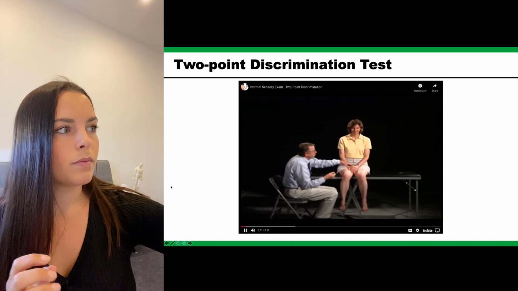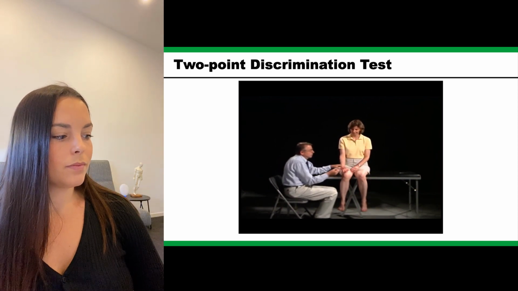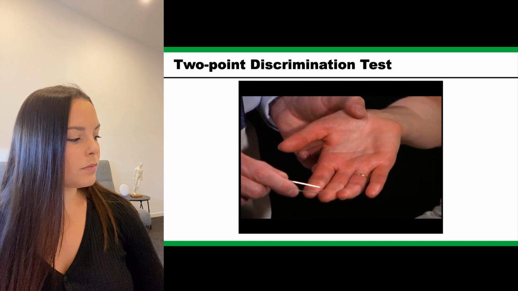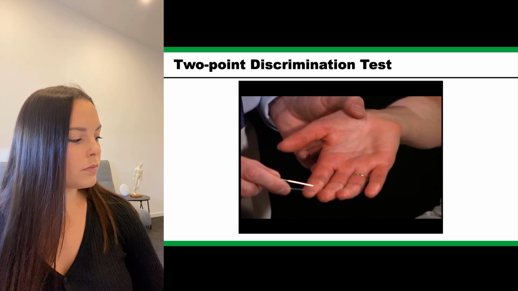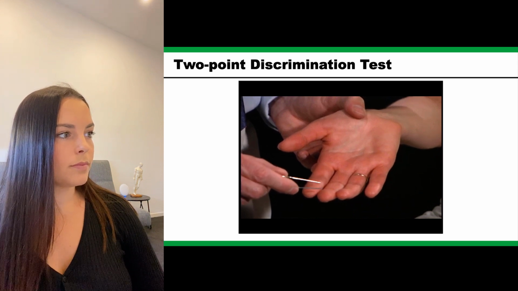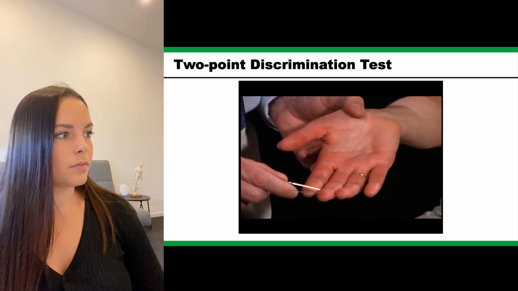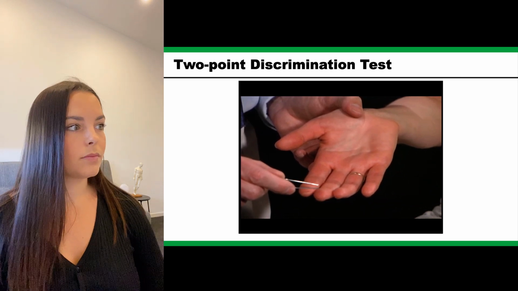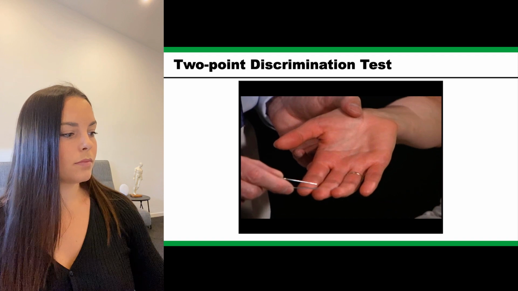This next test, I'm going to take this caliper, and I'm going to touch 1 point or 2 points, and I want you to close your eyes and tell me whether I'm touching with 1 or 2. 1, 2, 1. Good. 2. Good.